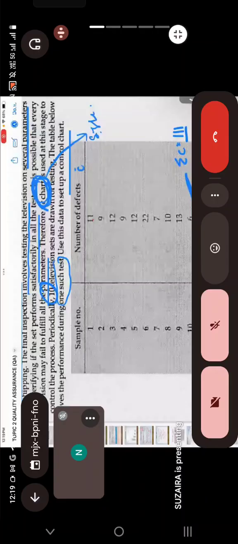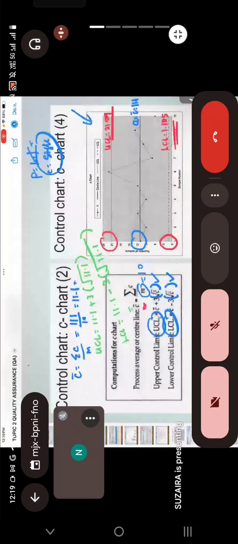You don't need to divide by 10, because this is a single product. So you are observing each product. For example 11, and this one is 9.